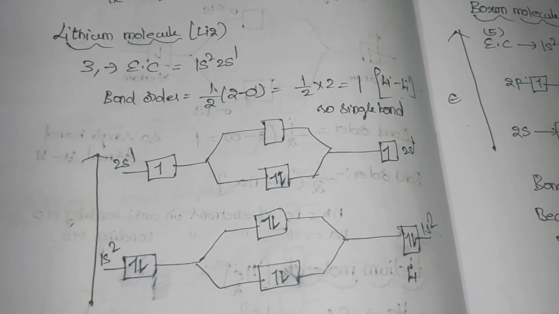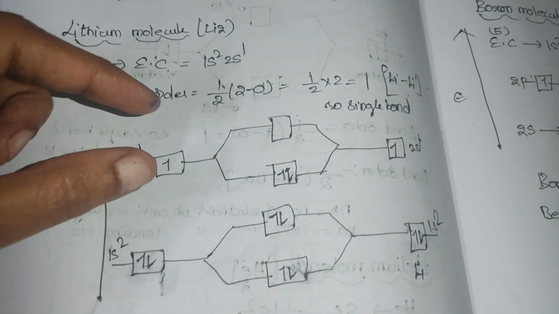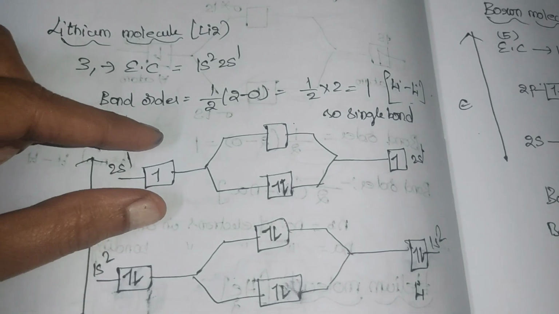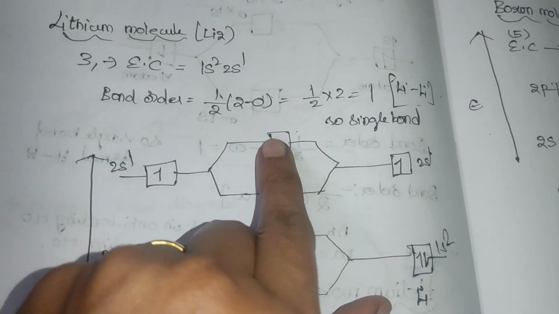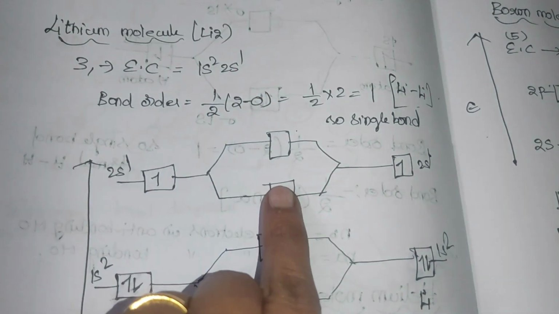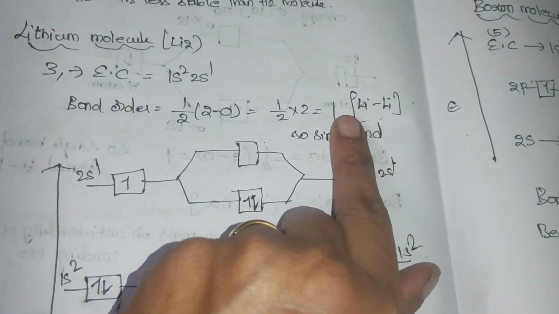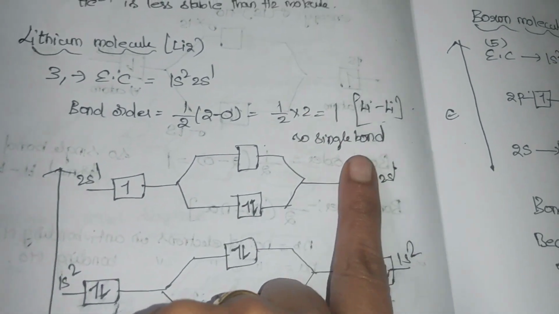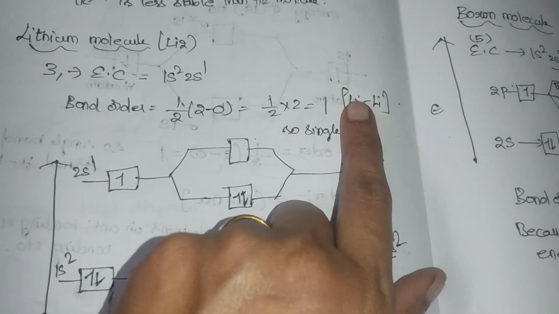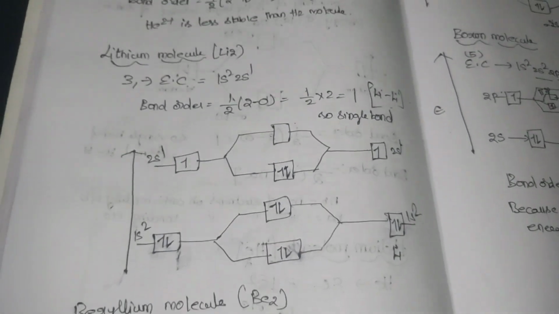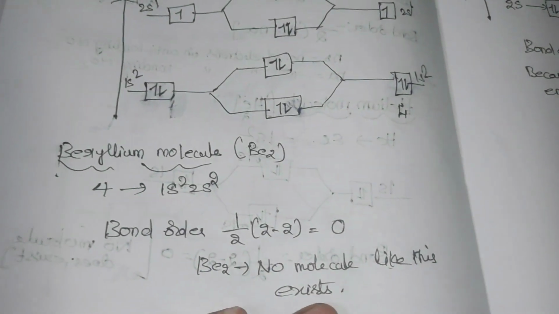Because the 1s is an inner shell, we calculate the bond order for the outer shell: half into 2 minus 0, which is half into 2, so we get 1, meaning a single bond is formed. Lithium has a single bond, so it exists.